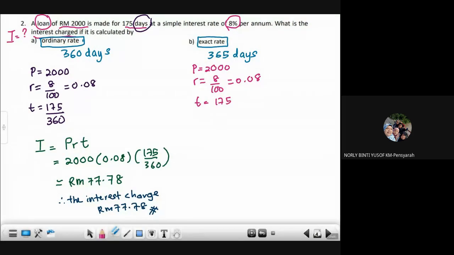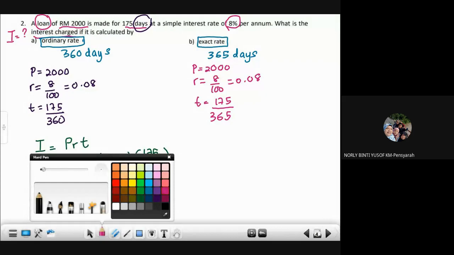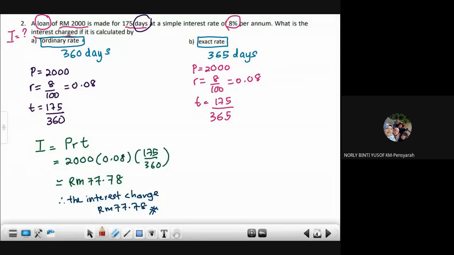So you divide by 365. So ni pun kalau tak nak simplify, then you terus masukkan. Okay, so you sub PRT, 2000 times 0.08 times 175/365.